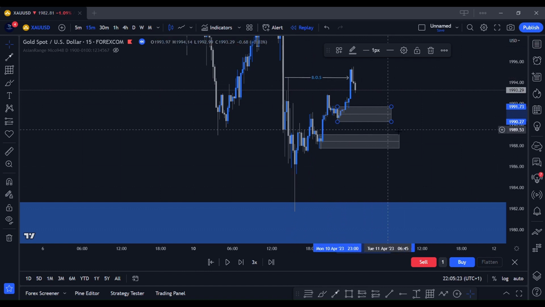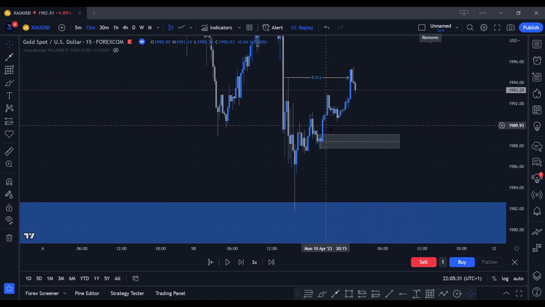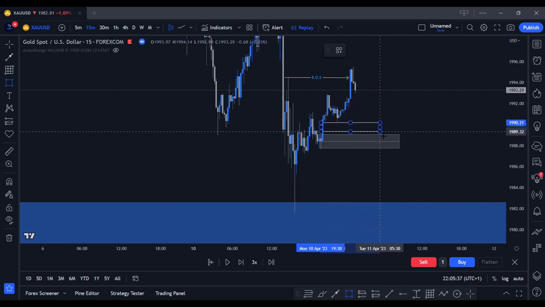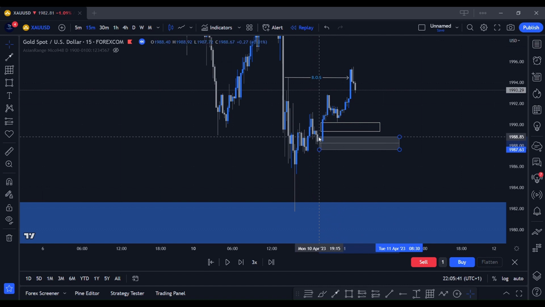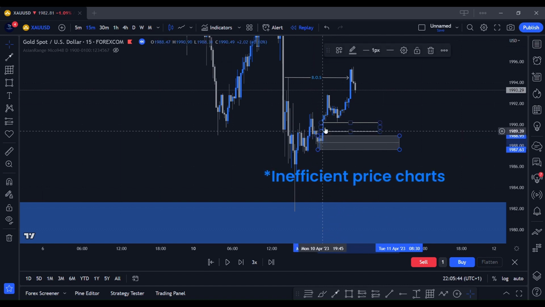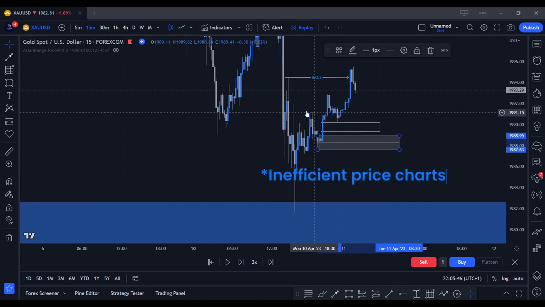Now you have to understand that the market is a very tricky market, and if you don't understand these things about the market, you'll struggle. The reason why I didn't choose this area is because I realized that there's a fair value gap, meaning that buyers had a heavy amount of orders in the market that it caused an efficient market to happen, breaking its internal structure here.